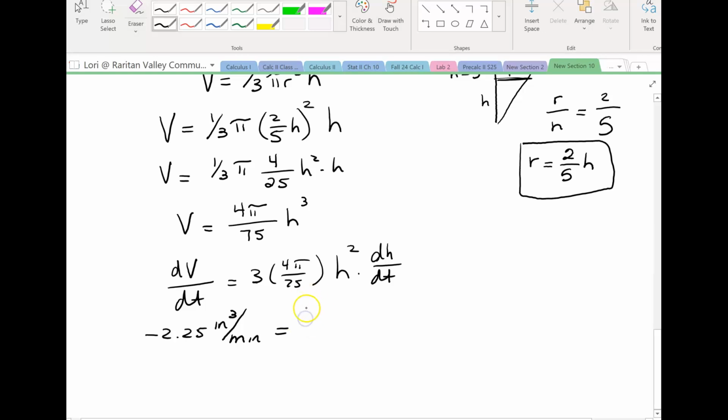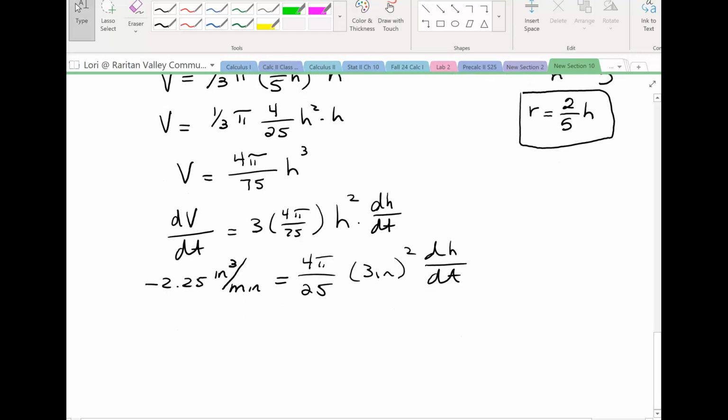It's up to you. I would keep it as 4 pi and divide 3 into 75 and give me 25 on the bottom, however you want to do that. So that's 3 inches squared. And this remains unknown because that's what we're looking for. Now I have an equation where I just have one unknown, and I can go ahead and solve for that. Let's clean it up a little bit.